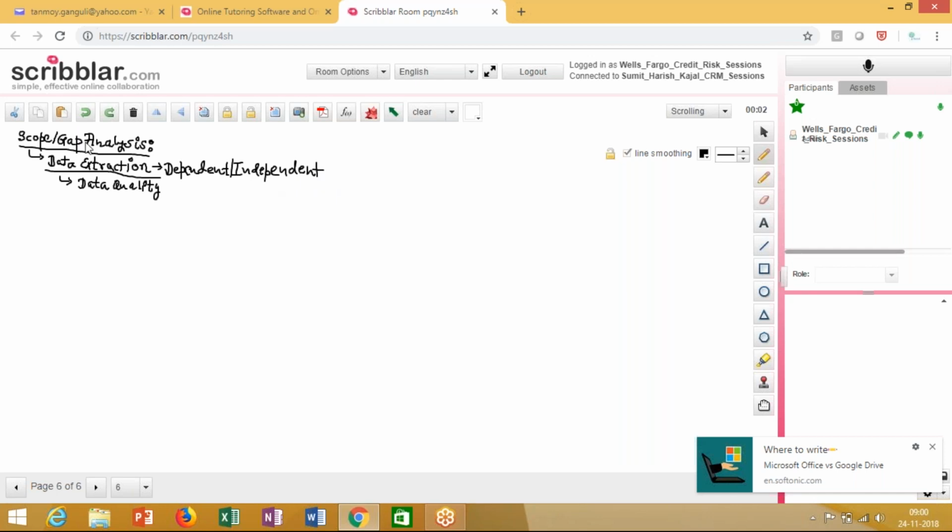After we have identified all these, we come to the data quality check. The objective of the data quality check is to assess the quality of the data and to ensure whether the data is of a substantially good standard or not.